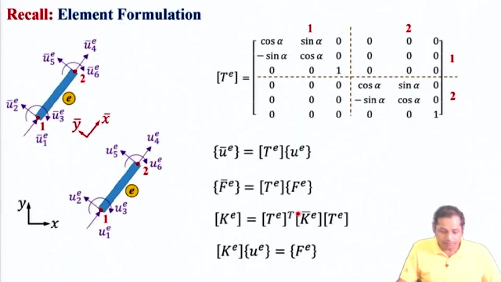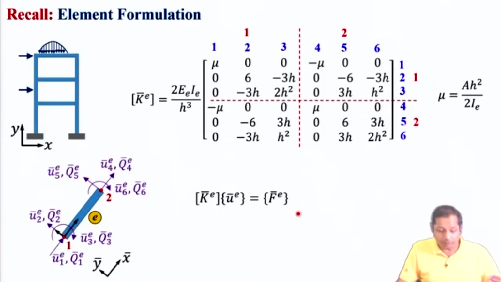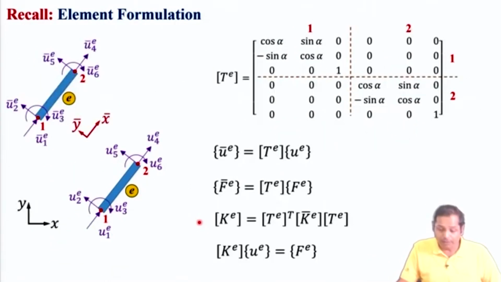But then we can have different members in different orientations. These stiffness matrices and equations are written with respect to the local coordinate system, but the equations of all the elements need to be represented with respect to a global coordinate system, and that can be done through a transformation. This is the transformation matrix, and it depends on the orientation alpha.